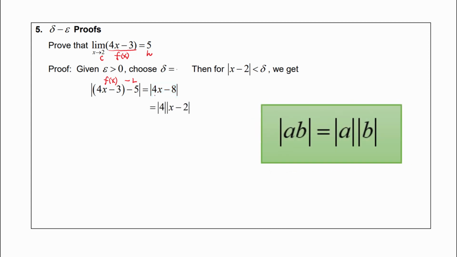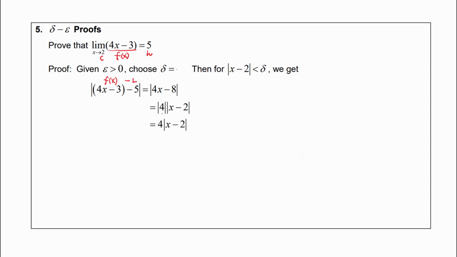If you factor 4 out, it is absolute value of 4 times absolute value of x minus 2. But as you know, absolute value of 4 is 4. So this becomes 4 times absolute value of x minus 2. And we want absolute value of x minus 2 to be less than delta.